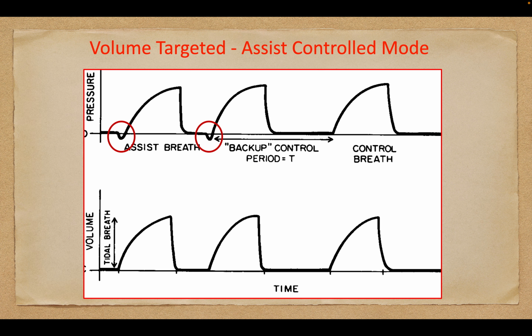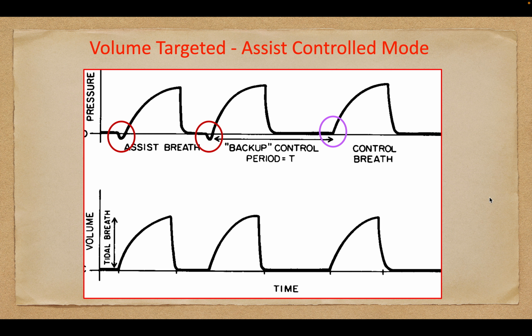As you can see here, these are the negative deflections, so this is assist control, and the pressure tracing can be variable. Here there is no negative deflection, so this is a control breath, whereas this is a backup breath.